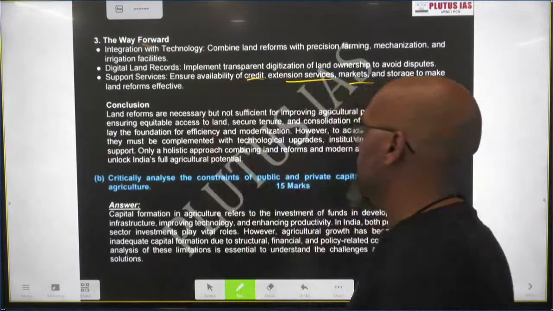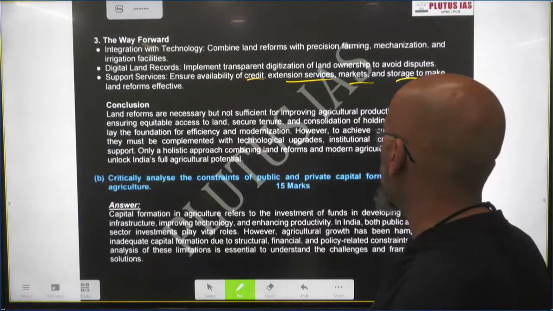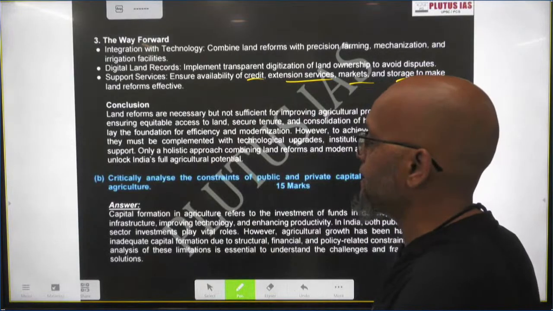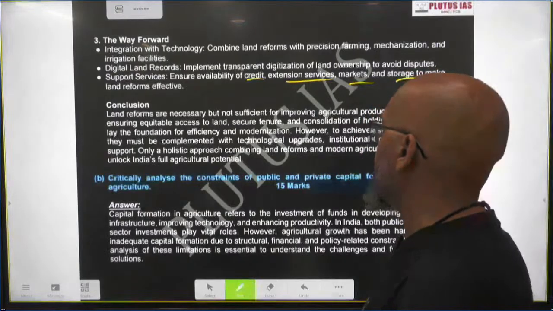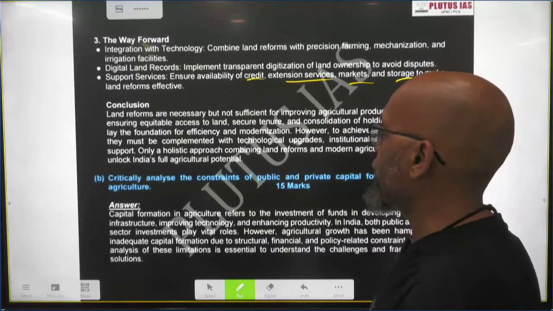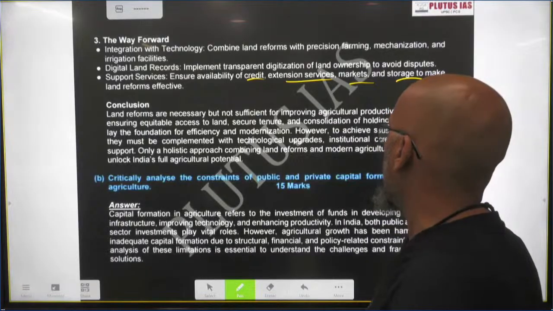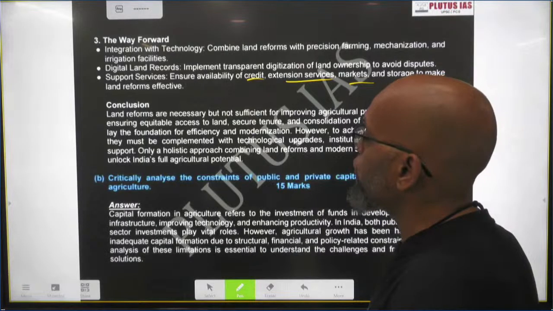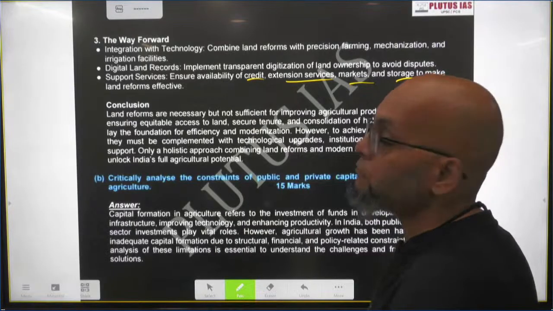Conclusion: land reforms are necessary but not sufficient for improving agricultural productivity in India. By ensuring equitable access to land, secure tenure, and consolidation of holdings, land reforms lay the foundation for efficiency and modernization. However, to achieve sustainable growth, they must be complemented with technological upgrades, institutional credit, and market support.